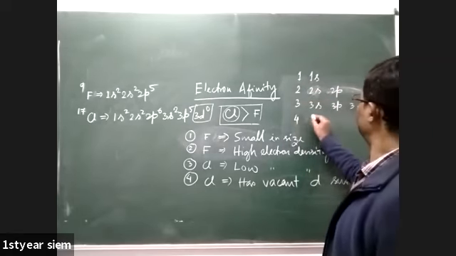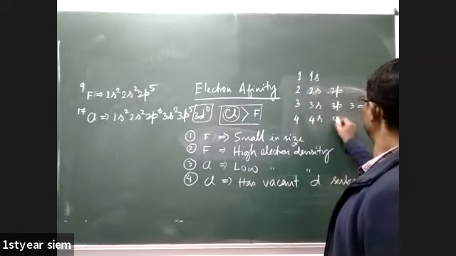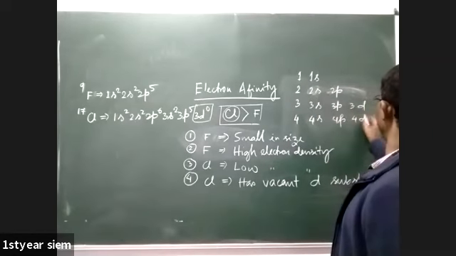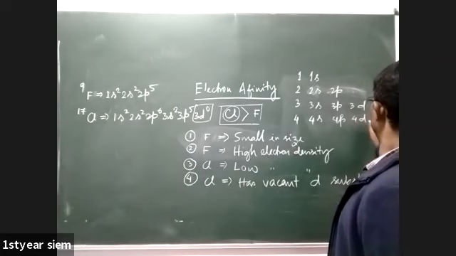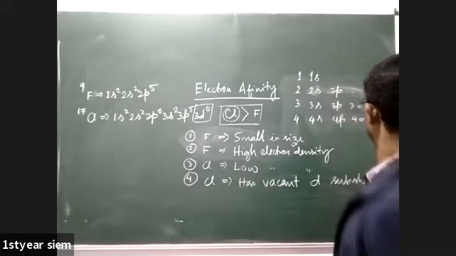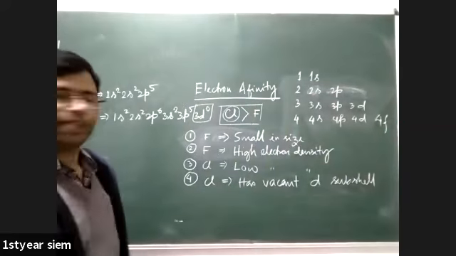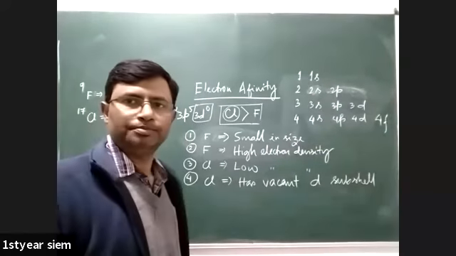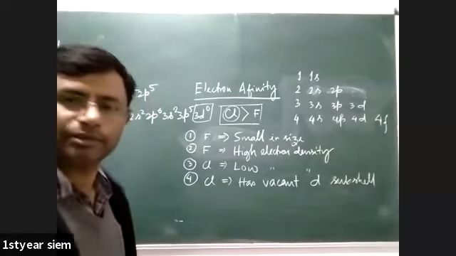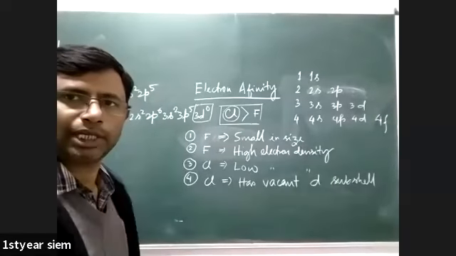For 4, 4s, 4p, 4d, and 4f. Like this. So for the second orbit there is no D subshell, right? Yes, sir. So how, sir, does electron affinity depend on the subshell?